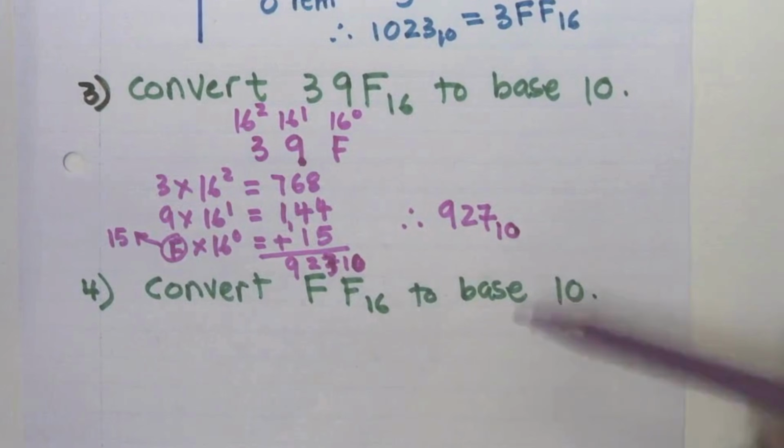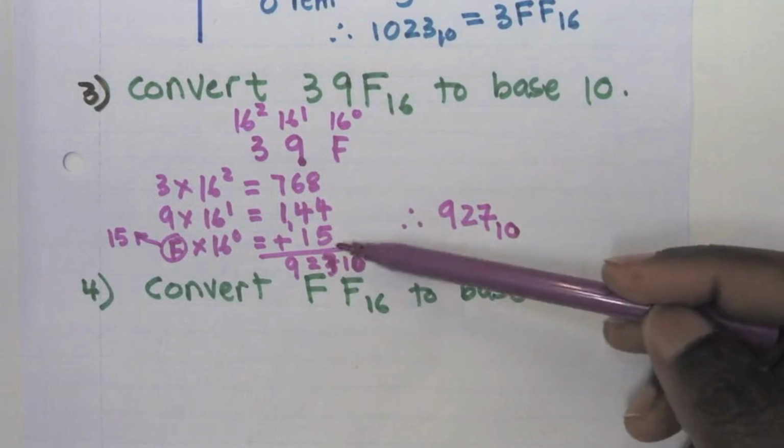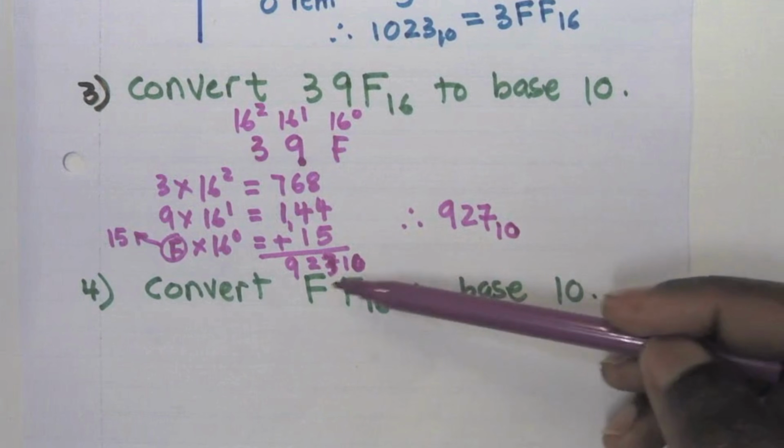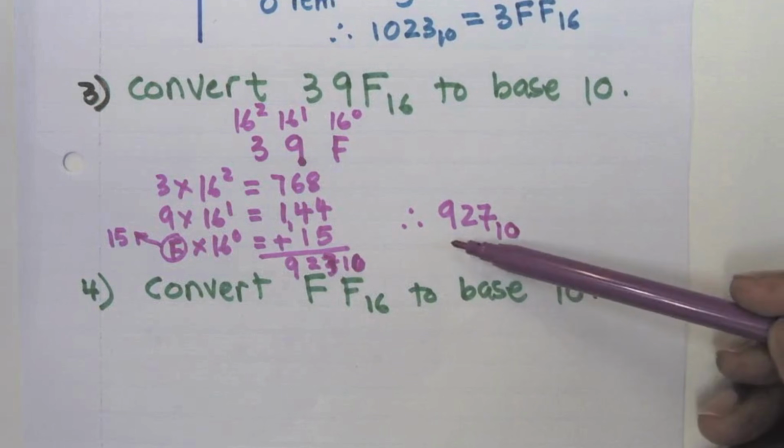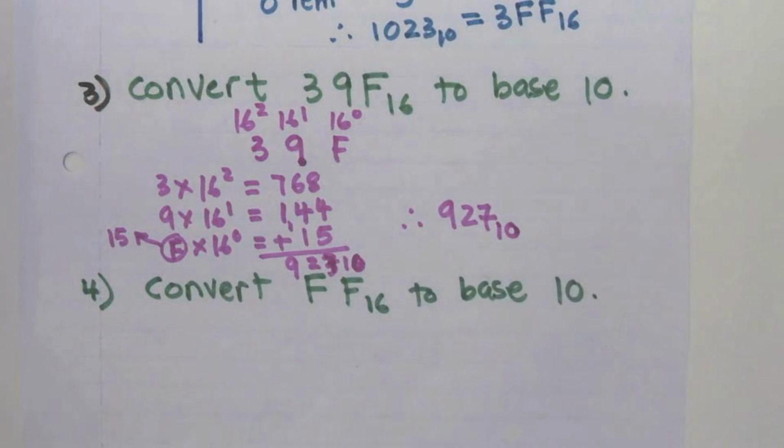Please be very careful when you are adding these numbers. The last digit here is 7. Please take note of that. So the final answer is 927 in base 10.